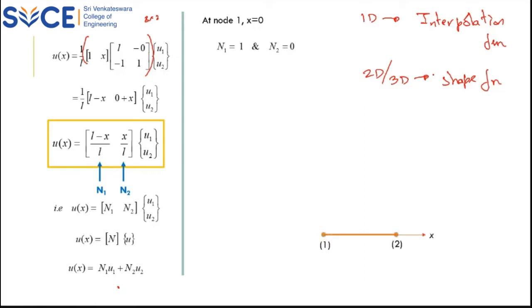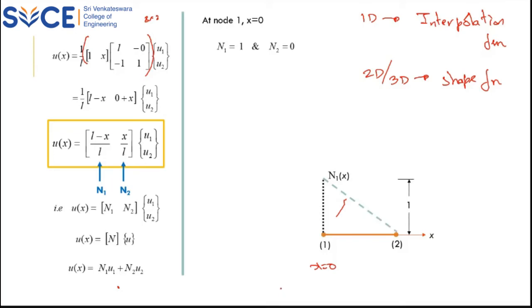Okay, so let me consider this is my element. When I substitute x is equal to 0 at nodal point 1, what will happen? You will get N1 as 1, N2 as 0. So you are getting something like this, a 1 value and a 0 value.